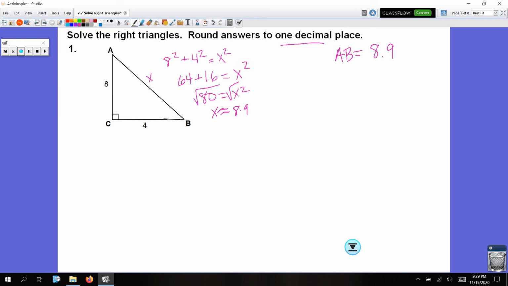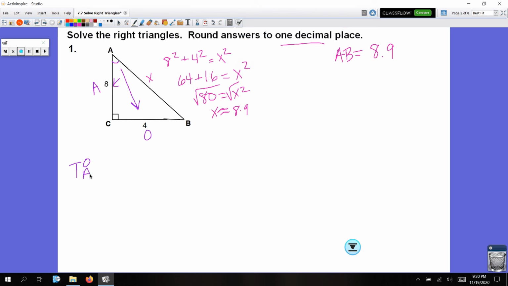So at this point, you get to choose, do you want to find angle A or do you want to find angle B? So I'm going to look for angle A. So from angle A, I have the opposite side and I have the adjacent side. So let's refer back, right? SOHCAHTOA, tangent is opposite over adjacent.